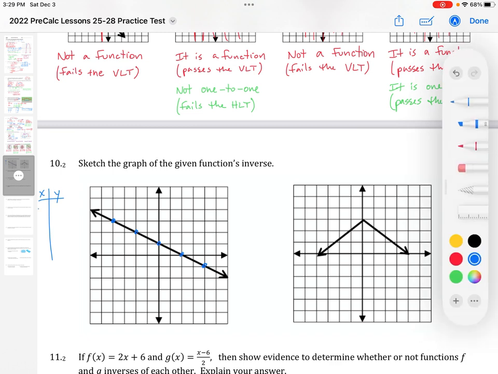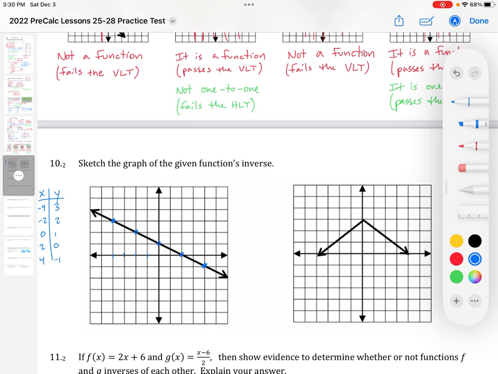Way over on the left here, if I have an x value of -4, I have a y value of 3. If I have an x value of -2, I have a y value of 2. This y-intercept is 0, 1. Then I have this x-intercept of 2, 0. And then this point way on the right is 4, -1.